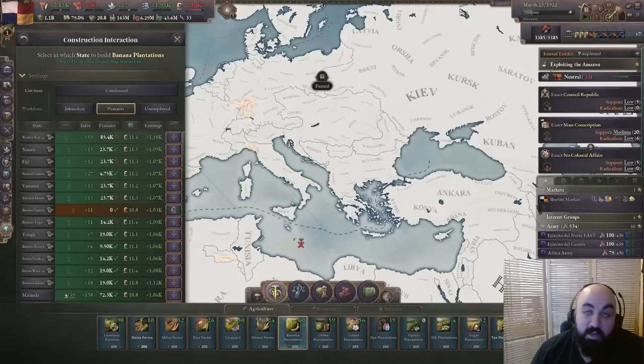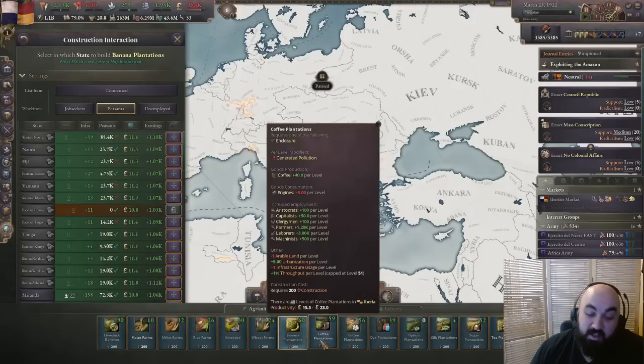Banana plantations, I think you never put on auto-expand in particular. I guess if you found a banana plantation in one spot that was super highly built, you would do it, but you prefer your pops to consume goods other than the fruit. But maybe there's an argument to building it in one place so it's less likely to be built in another, and you just get the throughput.